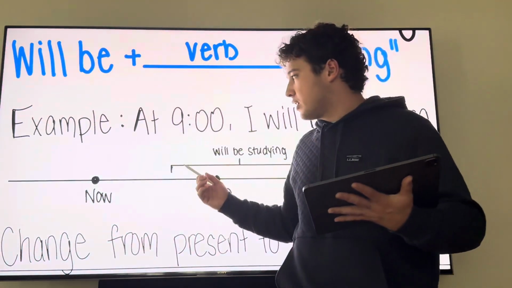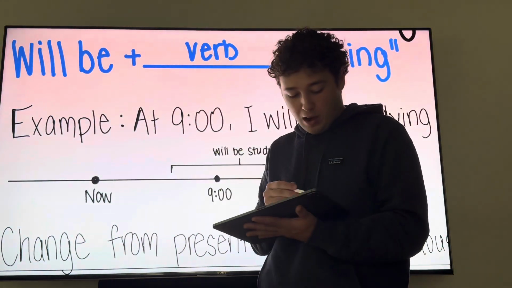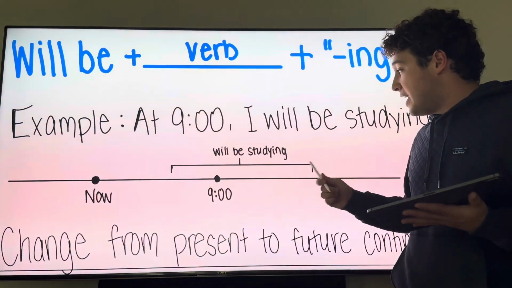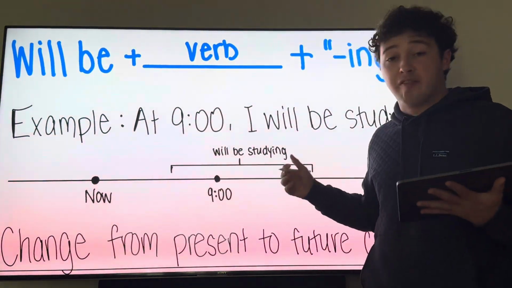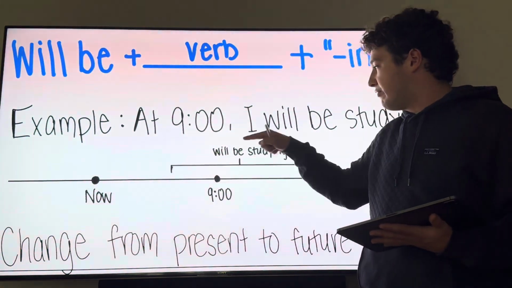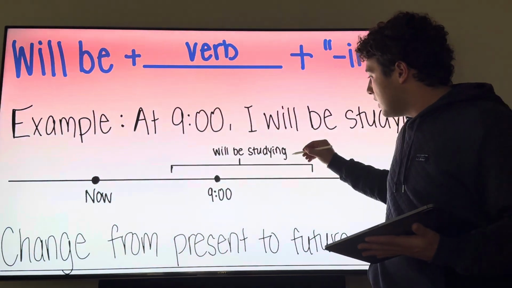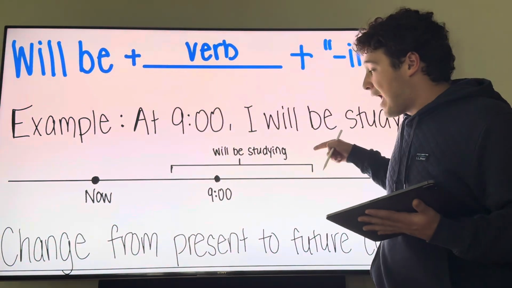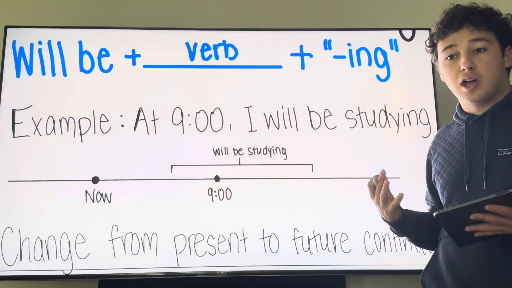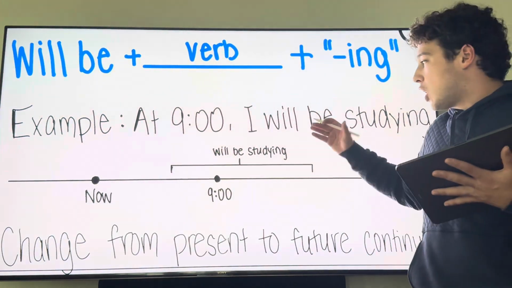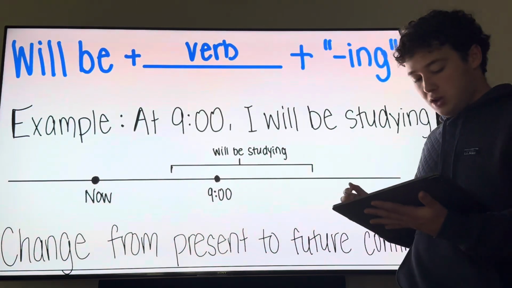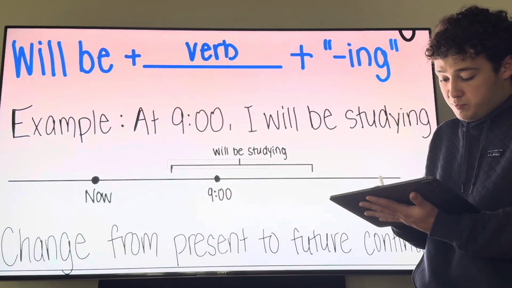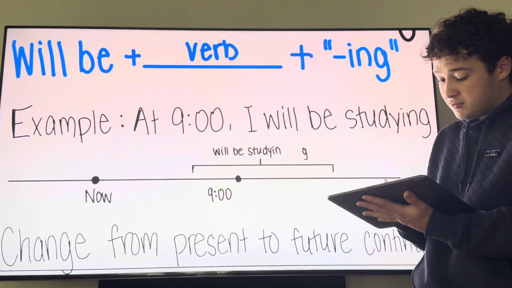So, if we look at our timeline, here is right now. This is now. And at 9 o'clock is a point in the future. But the action is at and around 9 o'clock. 9 o'clock is encompassed within the action. However, this action itself, it could be like this.